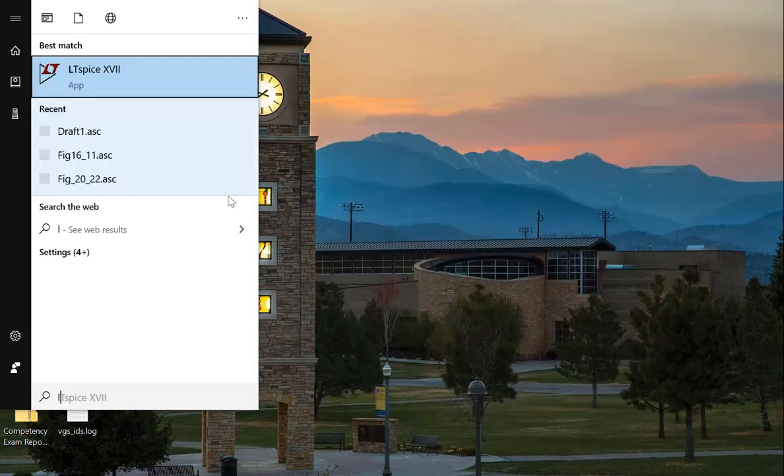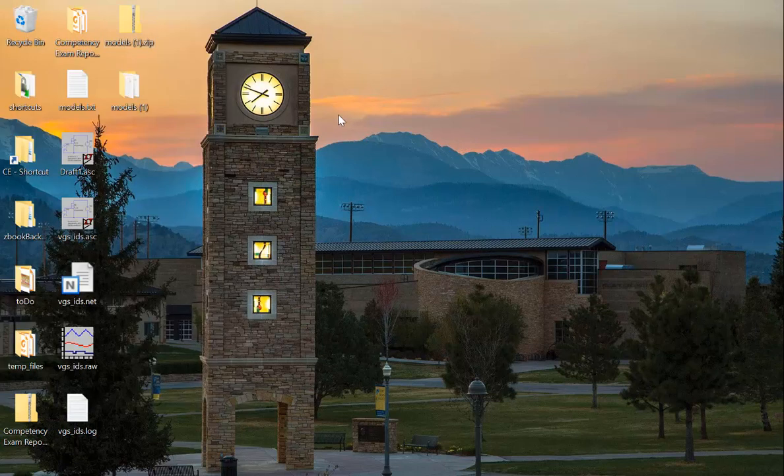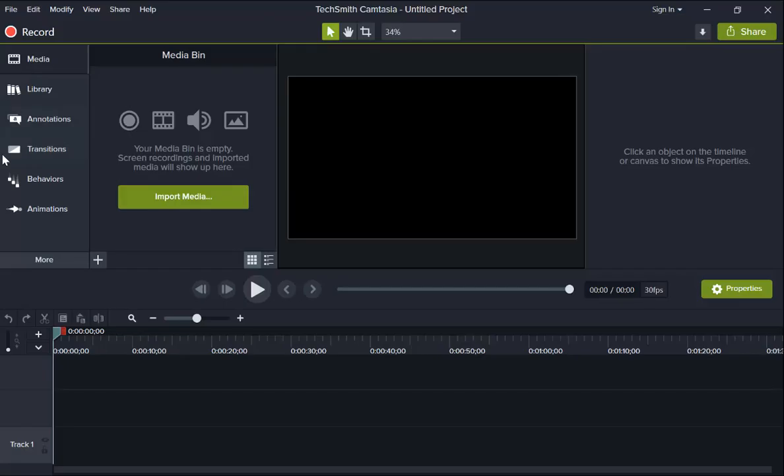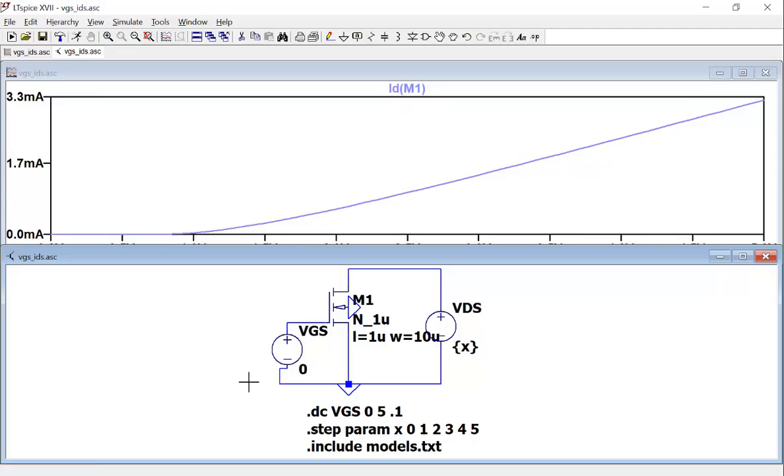What I did is just start LTspice and save the file, save as to the desktop, and put the model file in the same directory. That's what I see, model file. Oh, I see. The simulation file. Right.